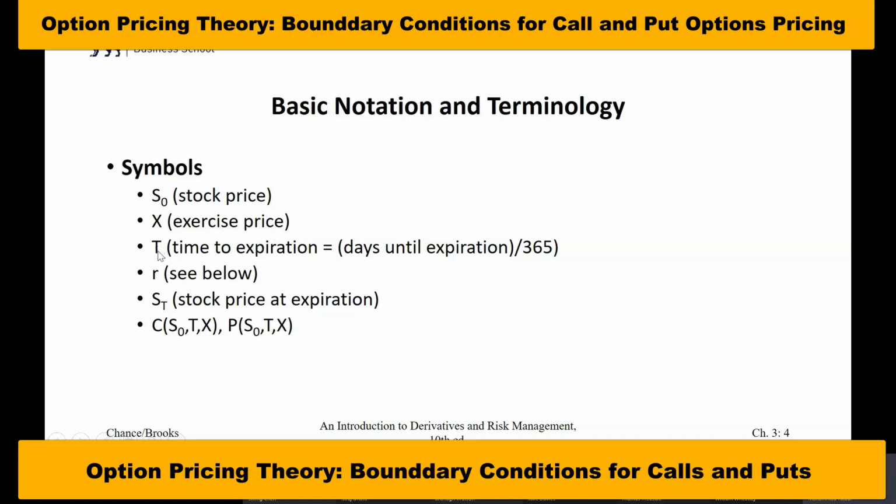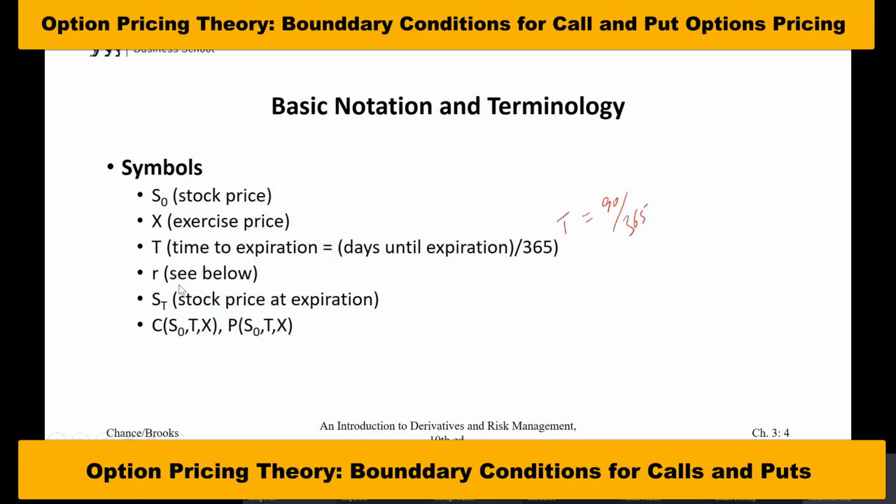T, capital T, will be used to reflect time to expiration, and in our case it will be days until expiration divided by 365. So it will be expressed as a ratio. For example, if there are 90 days to expiration, it will be calculated as 90 divided by 365.